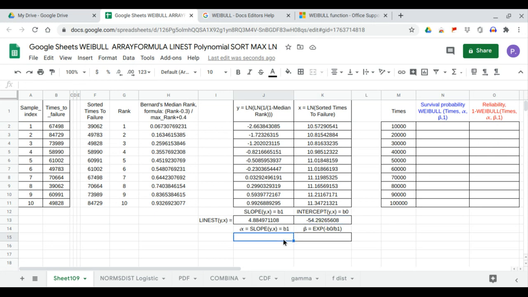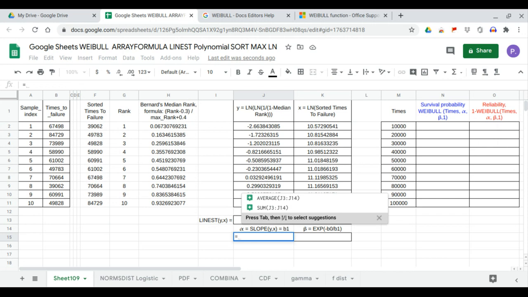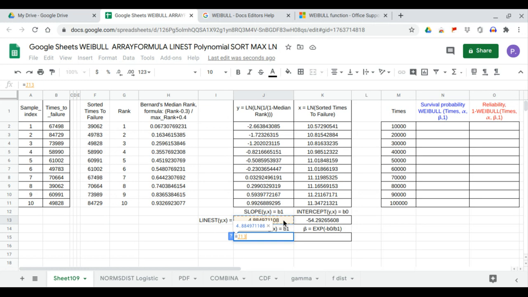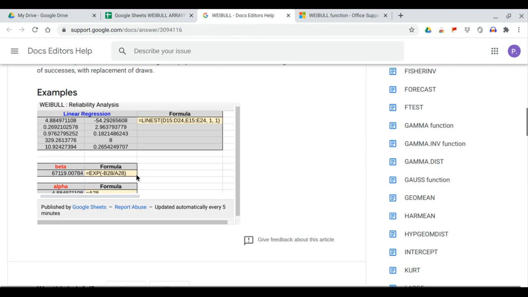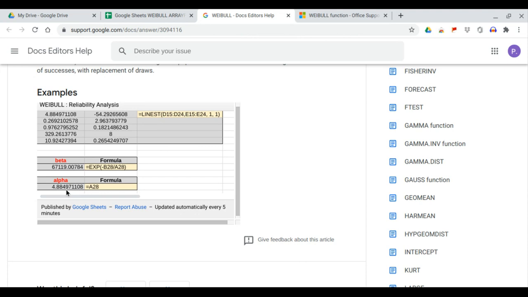Our slope is alpha. So alpha equals 4.88497, and our alpha is 4.88497. Next, we calculate beta, which is the exponent of b0, or the intercept, over the slope.